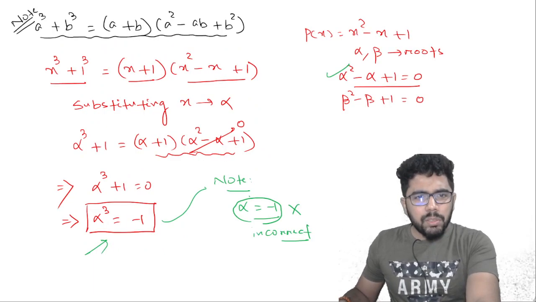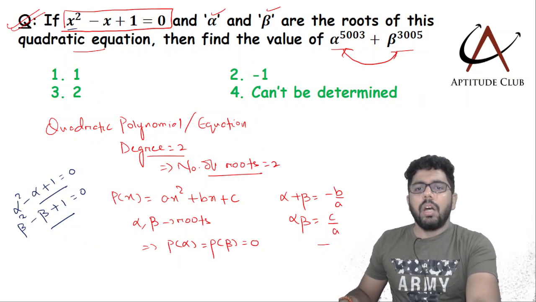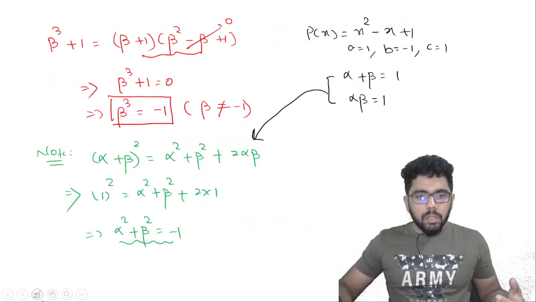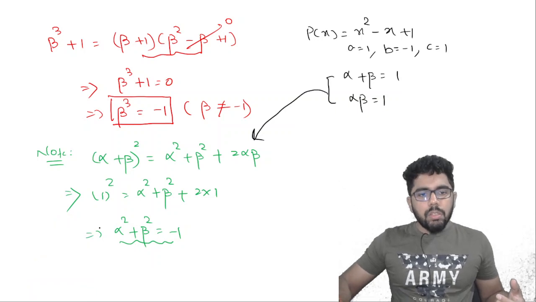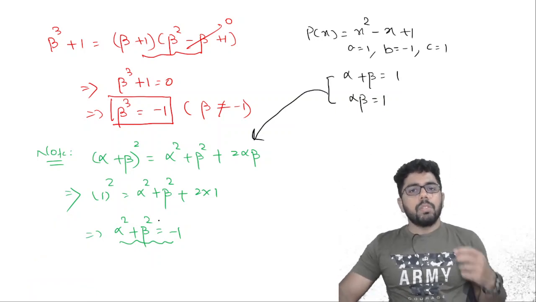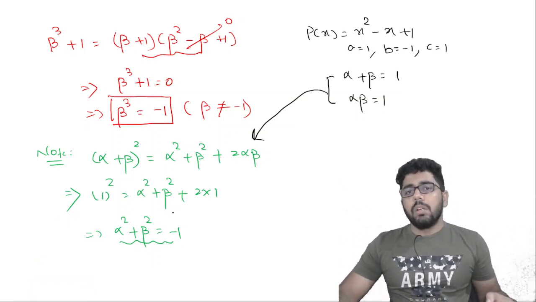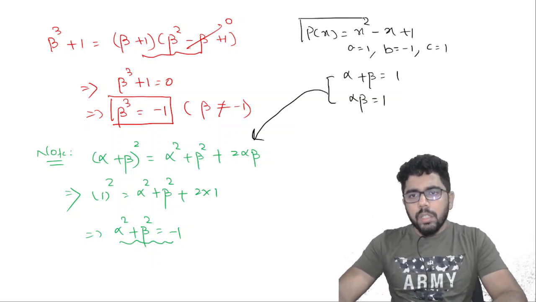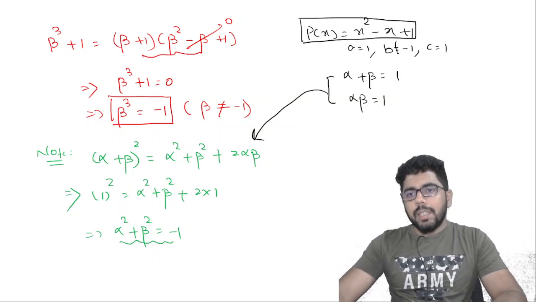Now one thing that you can argue here: how is alpha square plus beta square minus 1? You can argue that if they are roots, how is their square? Because square of anything should be a positive number. So how can it be minus 1? Now think about this. Let me calculate the discriminant.